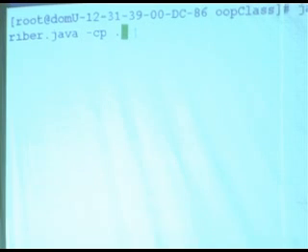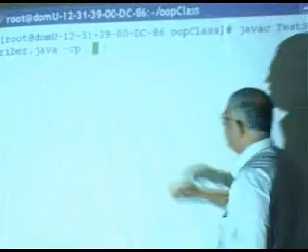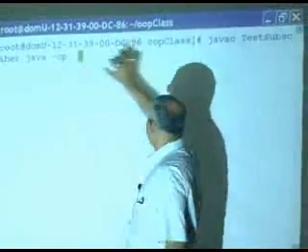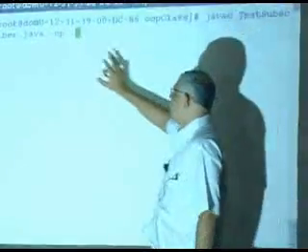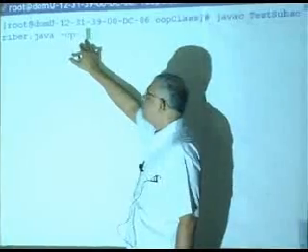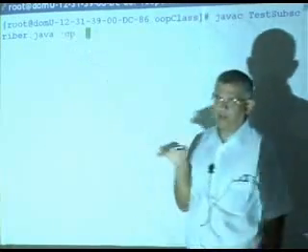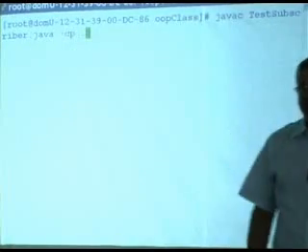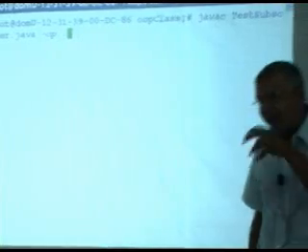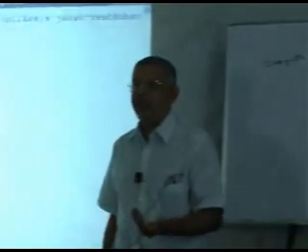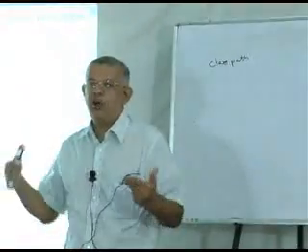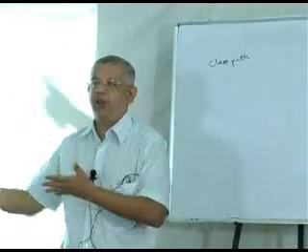Using -cp dot, we are saying for this javac command invocation, the classpath is going to be the current directory. So whenever you are looking for classes, look in the current directory. Because it was not set, javac didn't know where to look for Subscriber.class.